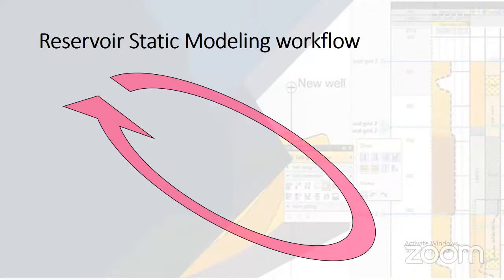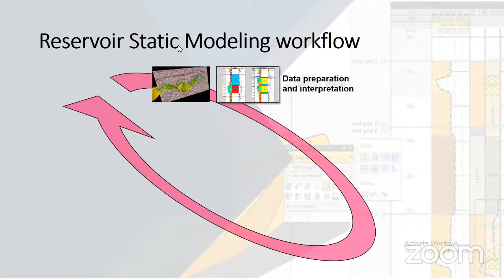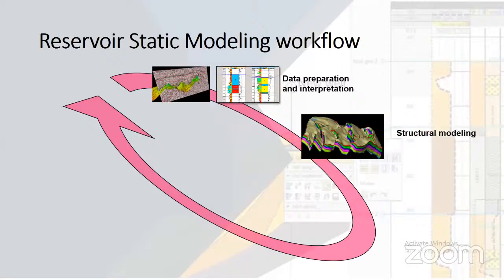So first of all, we will talk about static modeling. The first step in the static model is data preparation and interpretation. We have raw data like seismic data and logs data. You should prepare and interpret that data before going to the model.